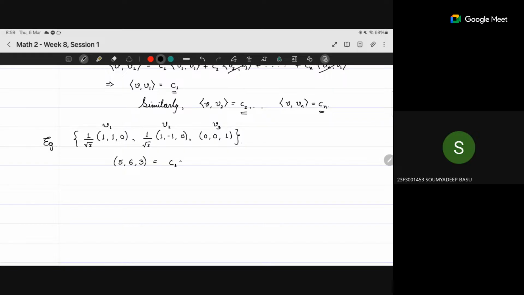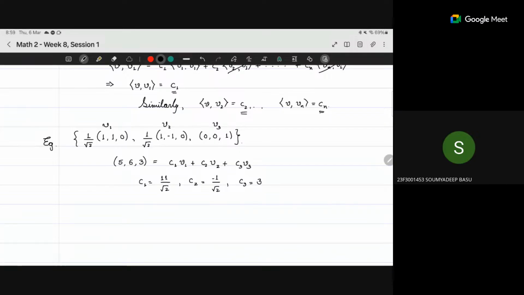I want to write this as C1 V1 plus C2 V2 plus C3 V3. C1 is just 11 by root 2, C2 is just minus 1 by root 2, and C3 is just 3.